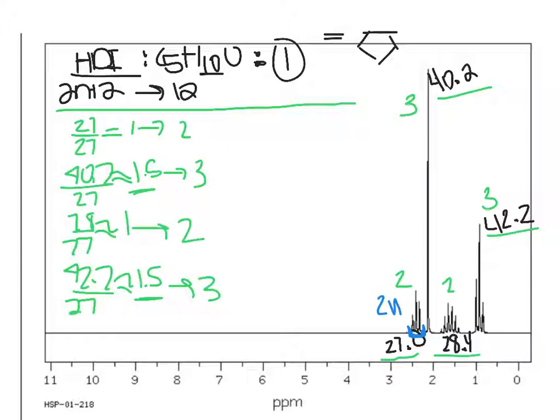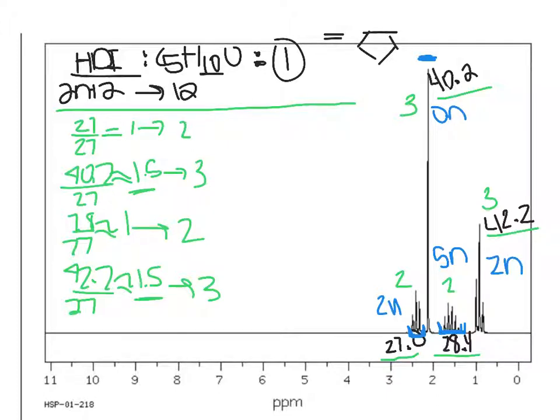For this one, right up here, it looks like we just have 1 big peak, which means we have 0 neighboring protons. Here it looks like we have 1, 2, 3, 4, 5, 6 peaks right here. So we're probably going to have around 5 neighboring protons. And then here we have 2, 3 again, so 2 neighboring protons.